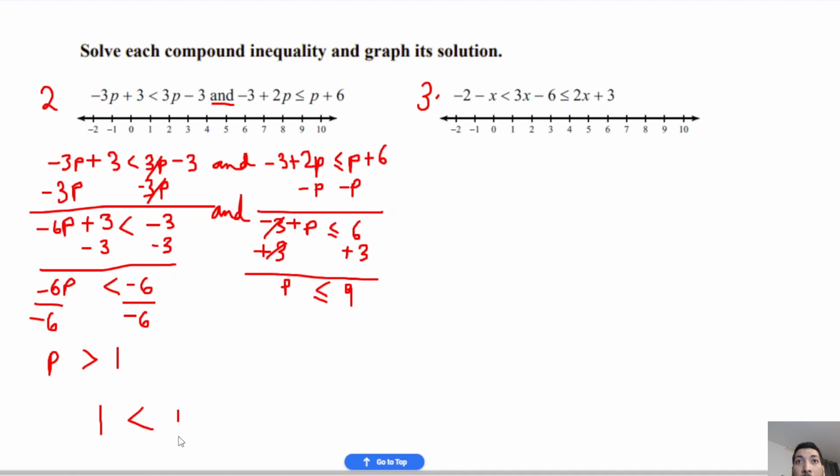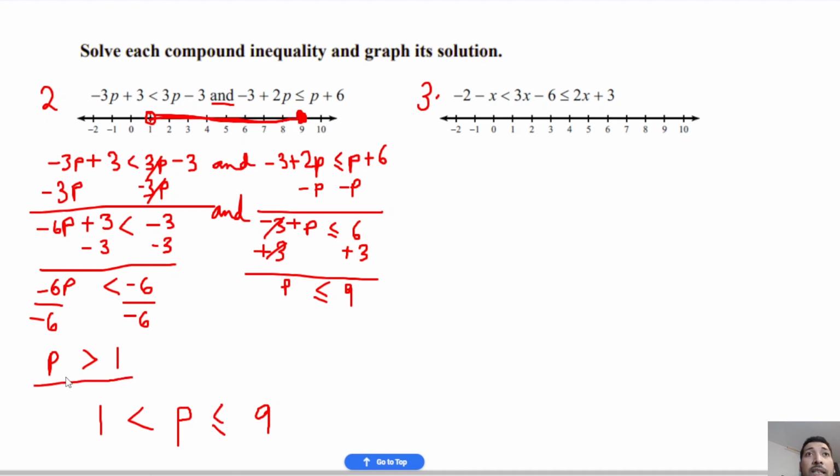Then we write the variable at the center, and then we have this less than or equal to the maximum value, which is 9. So I have 1 here. I just keep a circle on 1. Now that should be an open circle because there is no equal sign. And then I have this 9 right here, and we just keep it closed because there is an equal sign. And then we just shade this region.